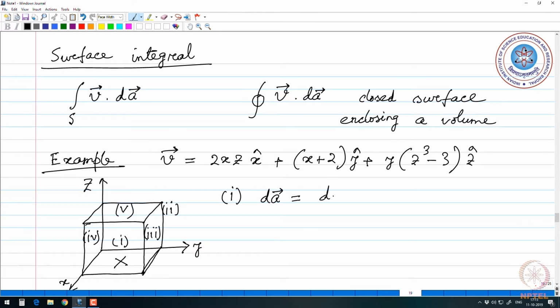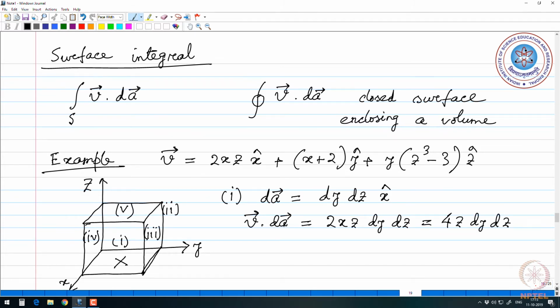So this can be given as dy dz x cap. With this, v dot dA is given as 2xz dy dz, that is 4z dy dz.